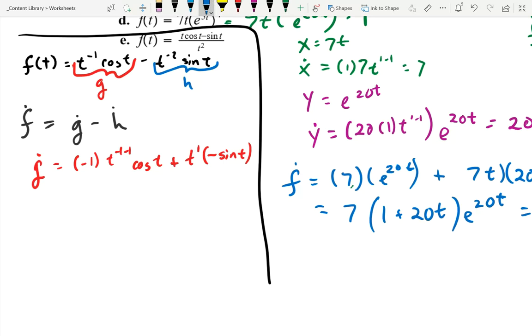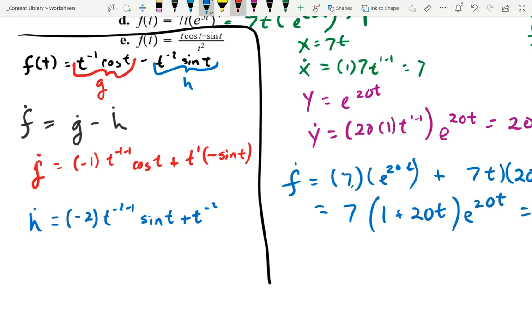And then H prime, I'm saying prime and using dot, I should have said dot, is equal to negative 2 t to the minus 2 minus 1 sine of t plus t, no, what am I doing? t to the minus 2.